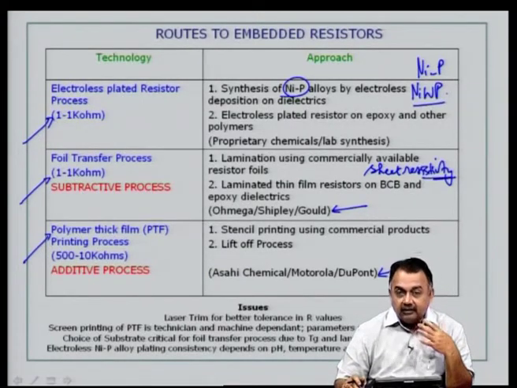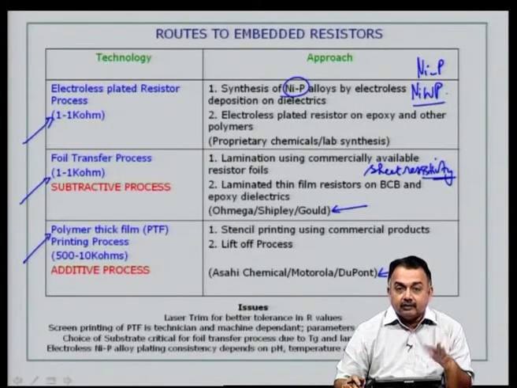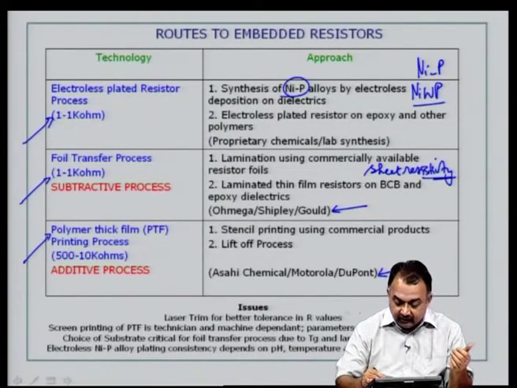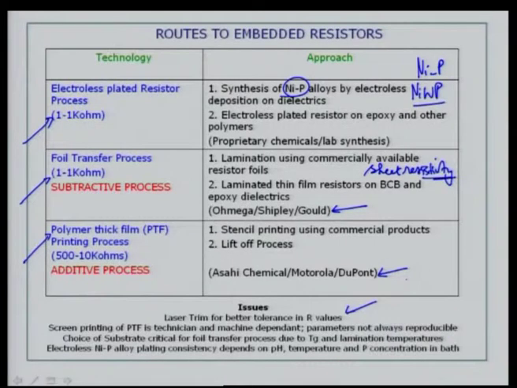First thing is again overplating, okay, over design in terms of tolerances, values and so on. Then you can use laser trimming in some cases, just like in your thick film process, where you do laser trimming of your material after the firing process is over. Here you can do laser trimming to get better R values.